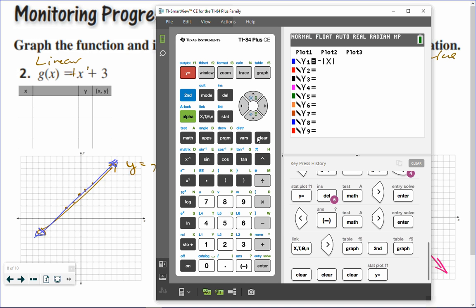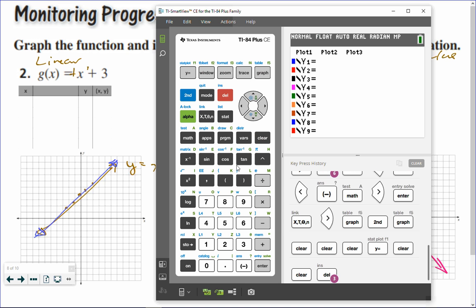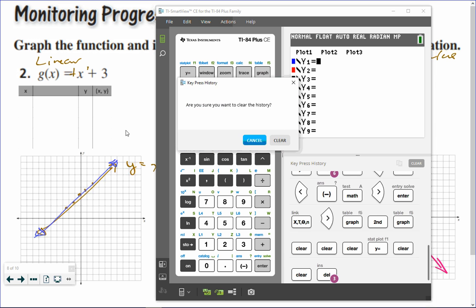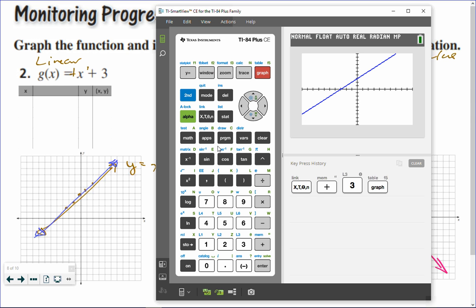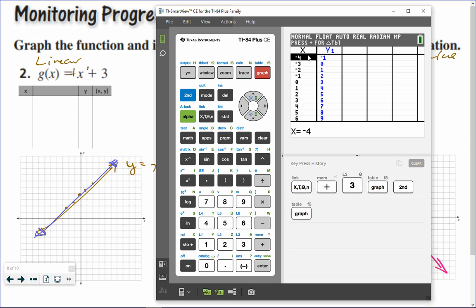So I'm just going to hit the alpha button, which is right here. That gives me an x. And then a plus 3. And then I can graph it. There's my graph. Now, if I want to see my plotted points, all I do is go second table, and there's all my points.